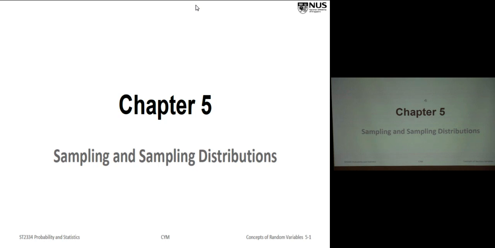This chapter, which is the fifth of 9, is on sampling and sampling distributions, and is really the notion that there is some overall population, for example the population of Singapore, and we're interested in studying this massive population, in my example people, and trying to understand, based upon a subset of this information, what could be said about the overall population. That's what at least the first part of the chapter is all about.